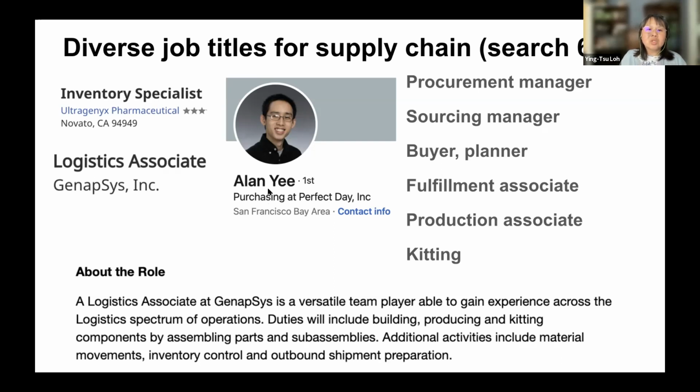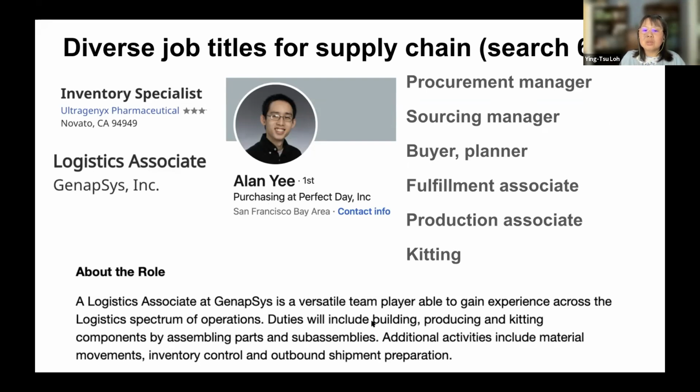But what are other job titles that we have here? We have inventory specialist, logistics associate, fulfillment associate, buyer, kitting. Kitting is actually a job title. We do a lot of kitting with Skyline and with Laney College. And down here I just put the description about the role.